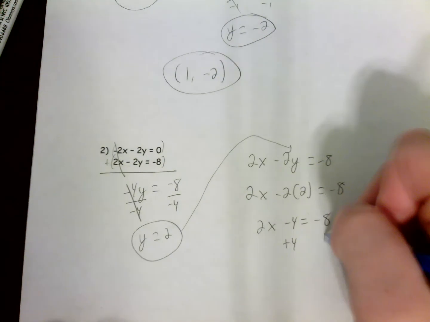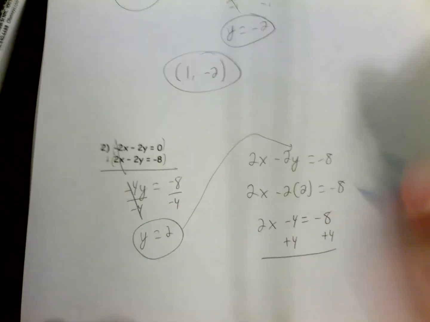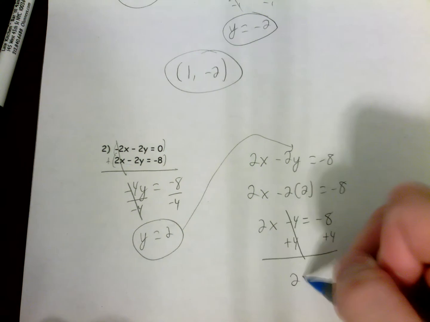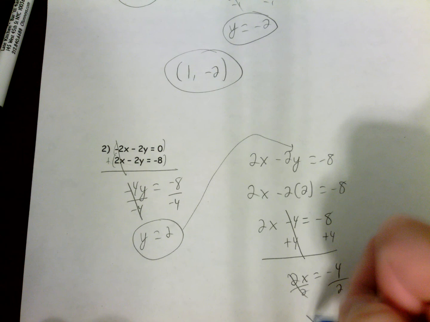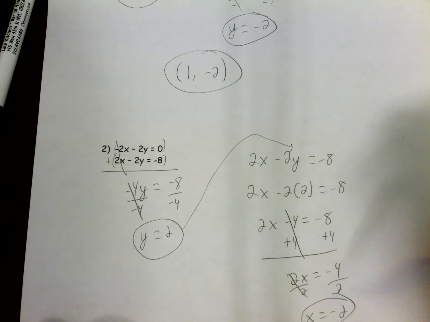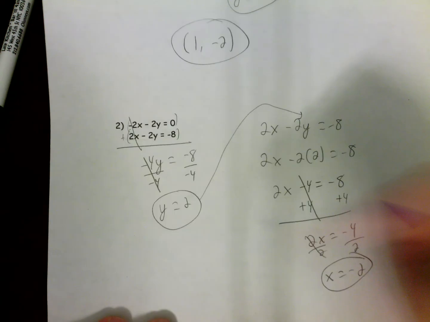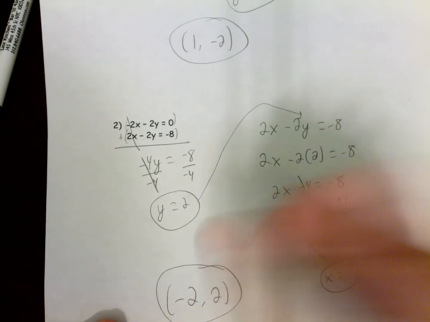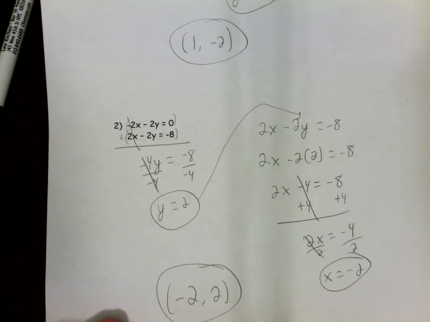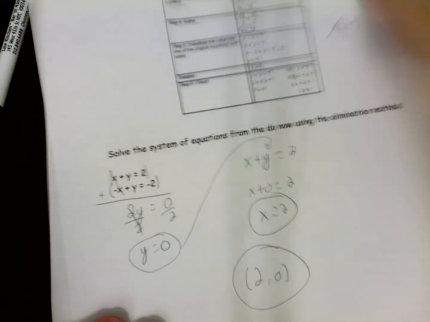I'm going to add 4 to both sides, and we get 2x equals negative 4. Then after I divide both sides by 2, I get x equals negative 2. So that means that if I was to graph these two lines, they would intersect at the point negative 2, comma 2.